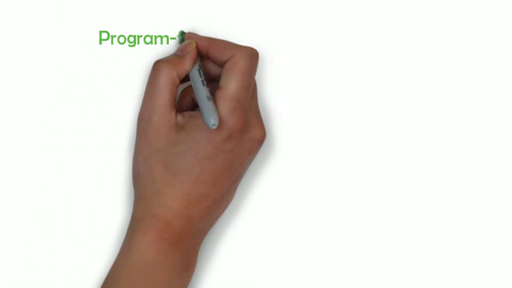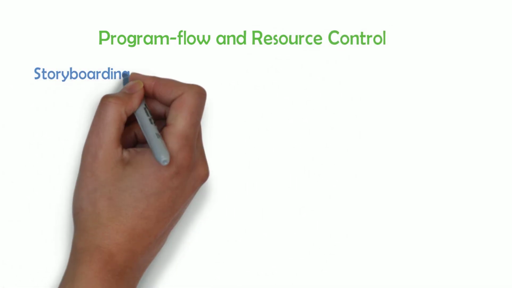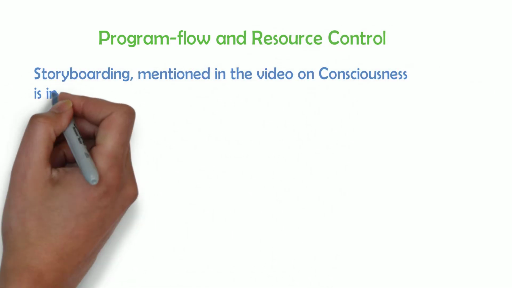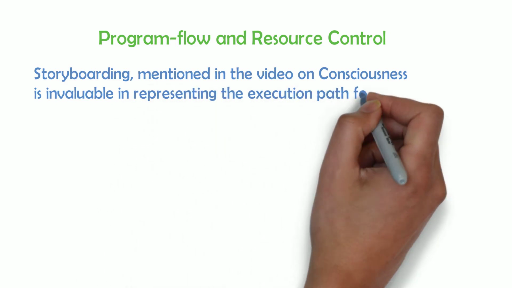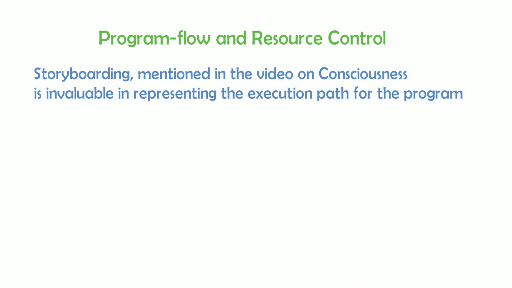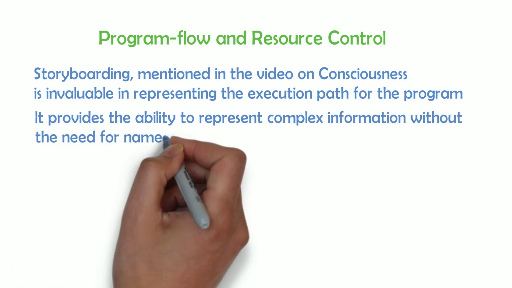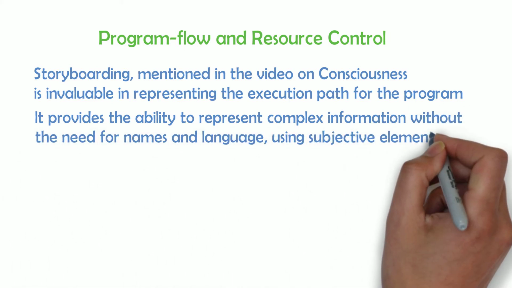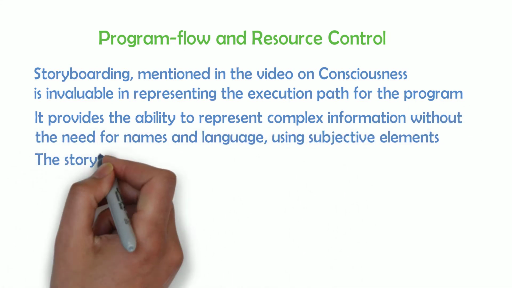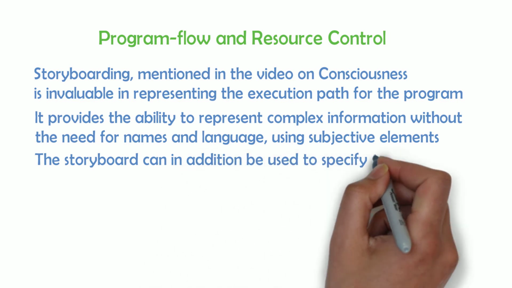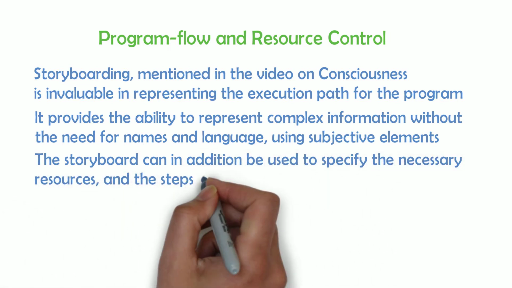Program flow and resource control. Storyboarding, mentioned in the video on consciousness, is invaluable in representing the execution path for the program. It provides the ability to represent complex information without the need for names and language, using subjective elements. The storyboard can in addition be used to specify the necessary resources, and the steps needed to acquire these.